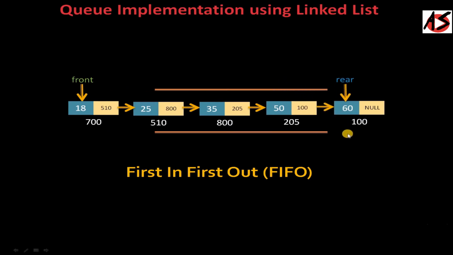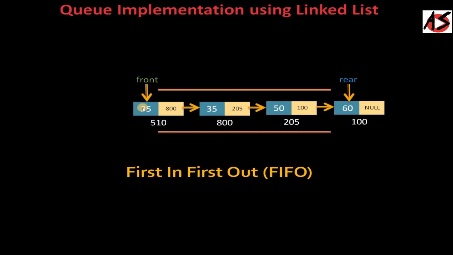This is the insertion. If you want to delete a node, you pick the first node from the linked list and delete it, and don't forget to update the front pointer to the first element of the linked list. So this is the simple implementation of a queue using a linked list.